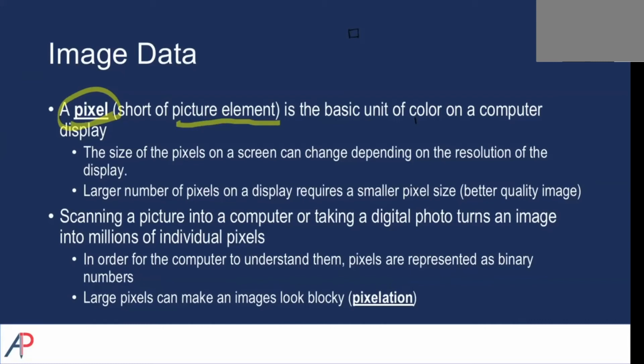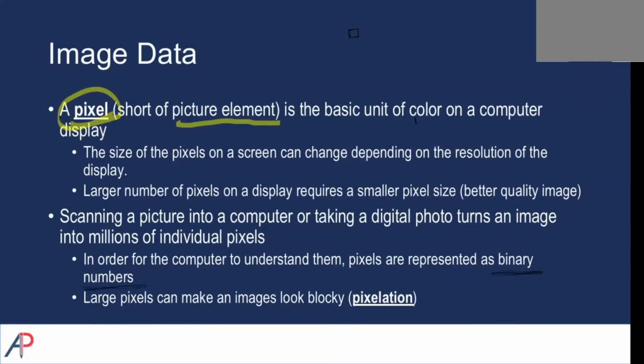Scanning a picture into a computer or taking a digital photo turns an image into millions of individual pixels. In order for the computer to understand them, pixels are represented as binary numbers. So once again, when we dissect it all and decompose it to its simplest form, we have binary numbers again.